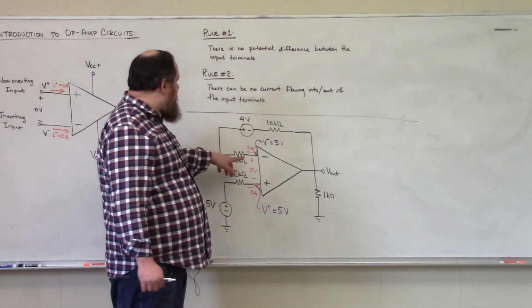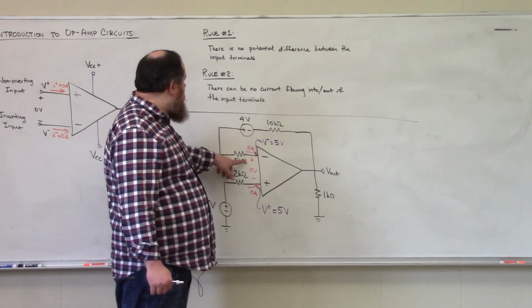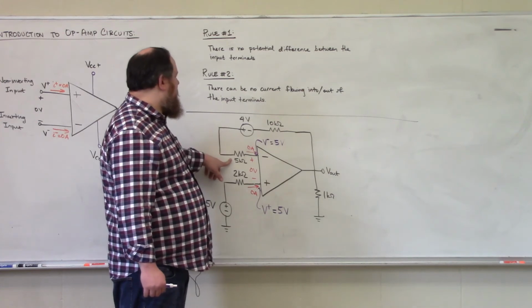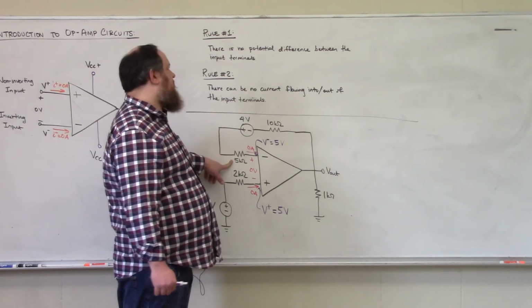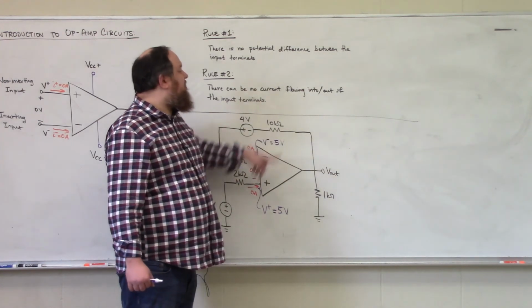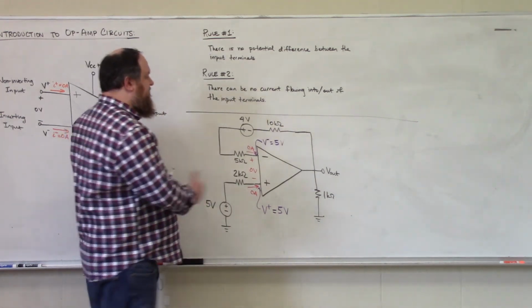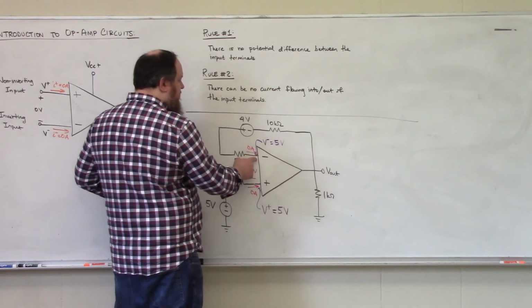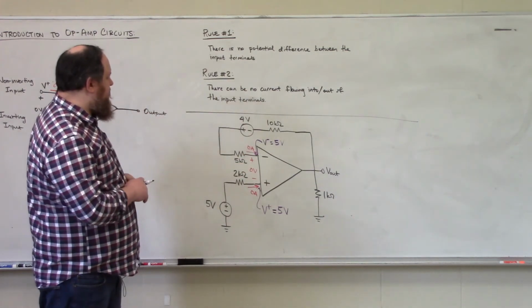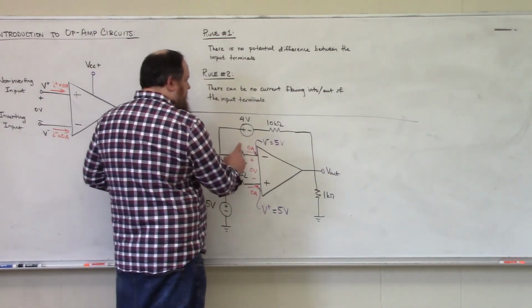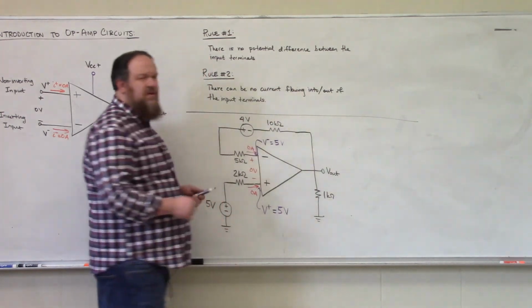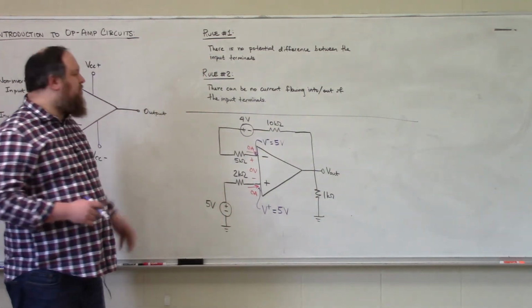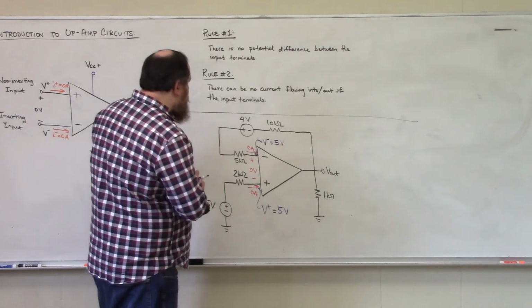Now we could observe that there is no current flowing through this 5 kilo ohm resistor, so there's no voltage drop over it. There's no current flowing through this 10 kilo ohm resistor because that would involve still having a current flow into or out of this inverting input terminal. And so the 5 kilo ohm resistor and the 10 kilo ohm resistor aren't really doing anything because there's no voltage drop over either of them.